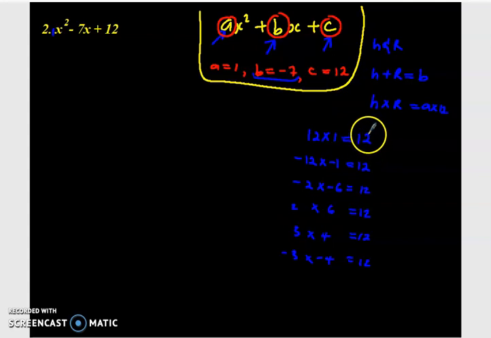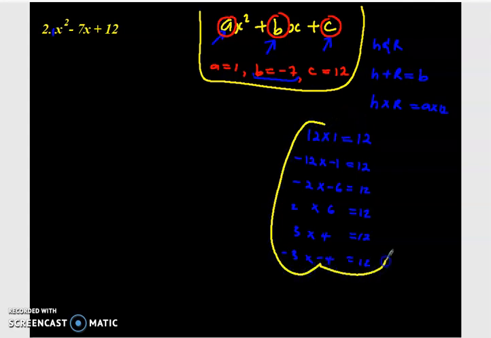So if you notice, all these numbers can be multiplied to give you 12. We have a positive 12 for each of them. But only a certain pair of numbers you can add here to get a negative 7.